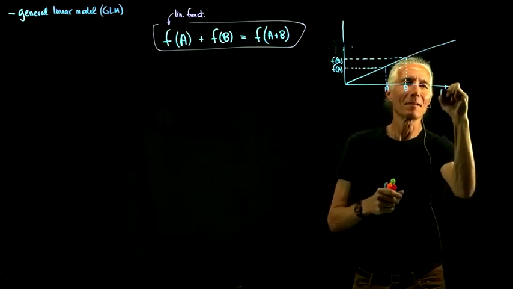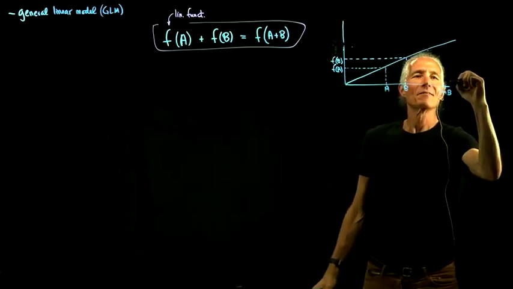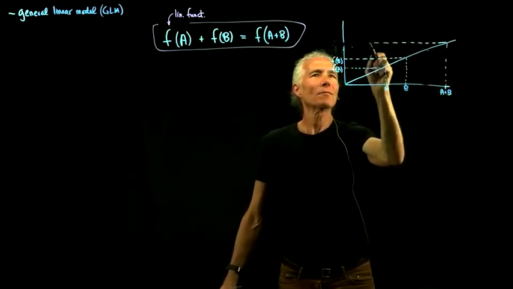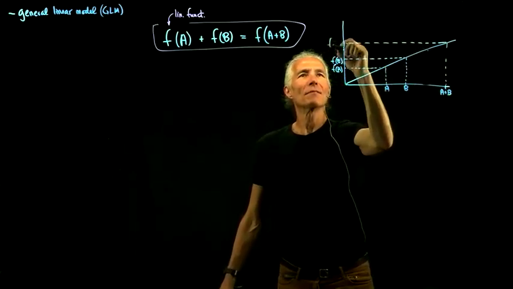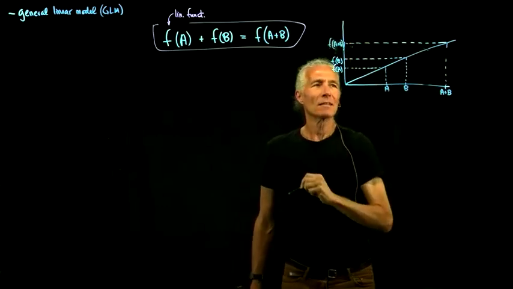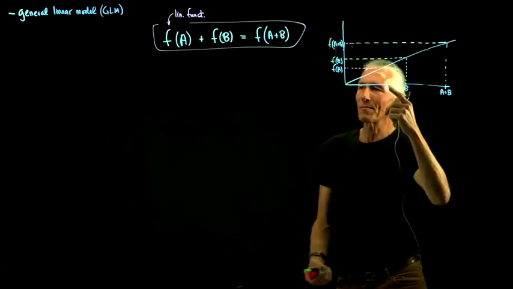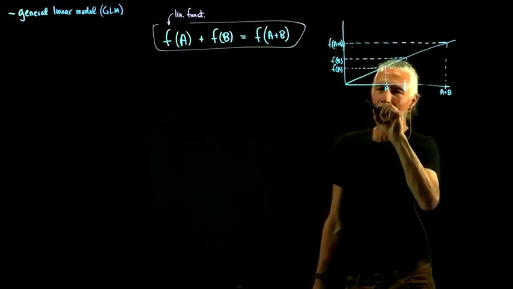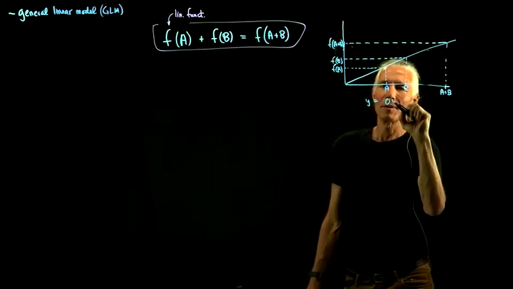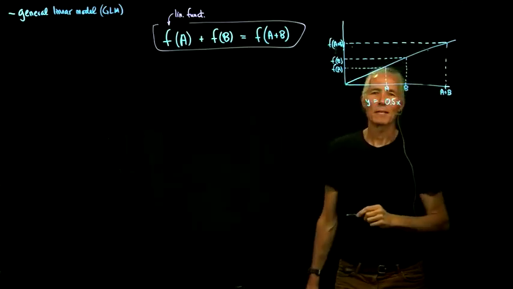So this is A plus B. If we go up and find that, and go over and look at f of A plus B, you can just work it out with a simple line, like a slope of 0.5. This is like y equals 0.5 times x.